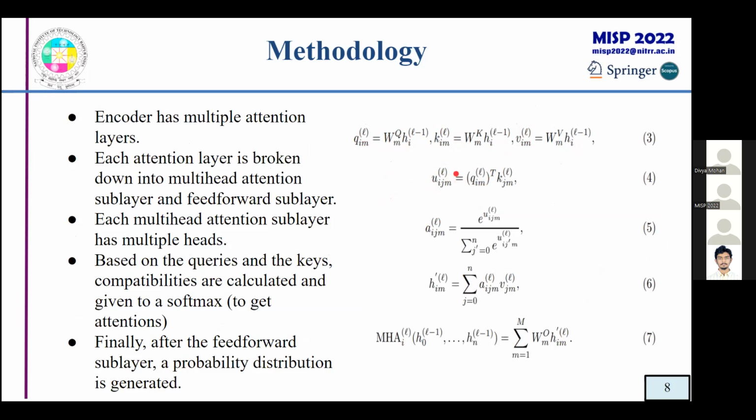And after these are generated, we match the query with the key and we generate what's called a compatibility. This is the compatibility of the ith node with the jth node. So the assumption is that the vehicle is currently at the ith node and it wants to go to the jth node. Before going to that, it checks out the actual possibility and makes a decision upon that.